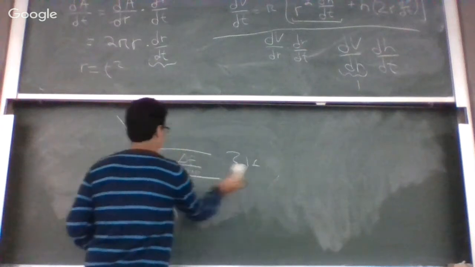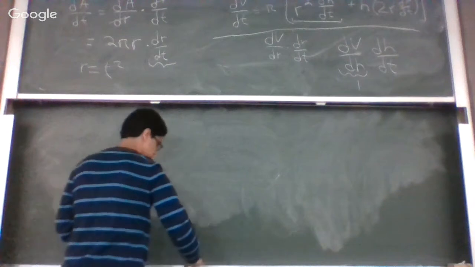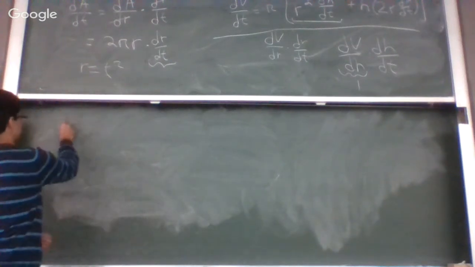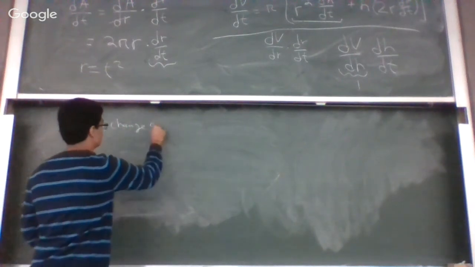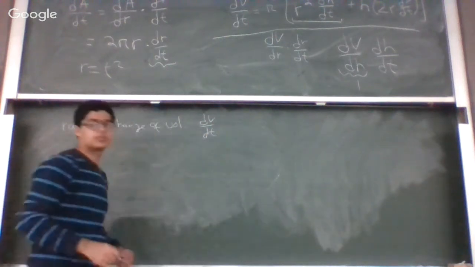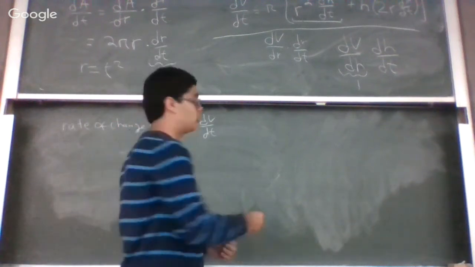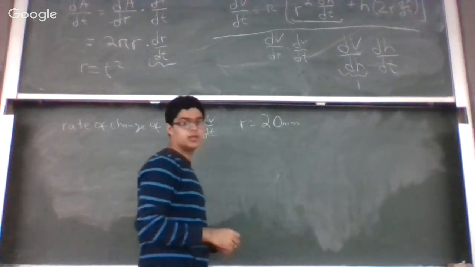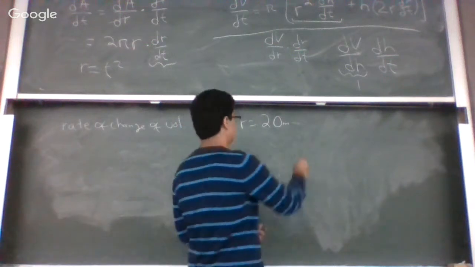So the next problem you did in class is what's the volume using that formula. They told us to find the rate of change of volume, that's dV over dt, when R is equal to 20 meters and height is equal to 10 meters.